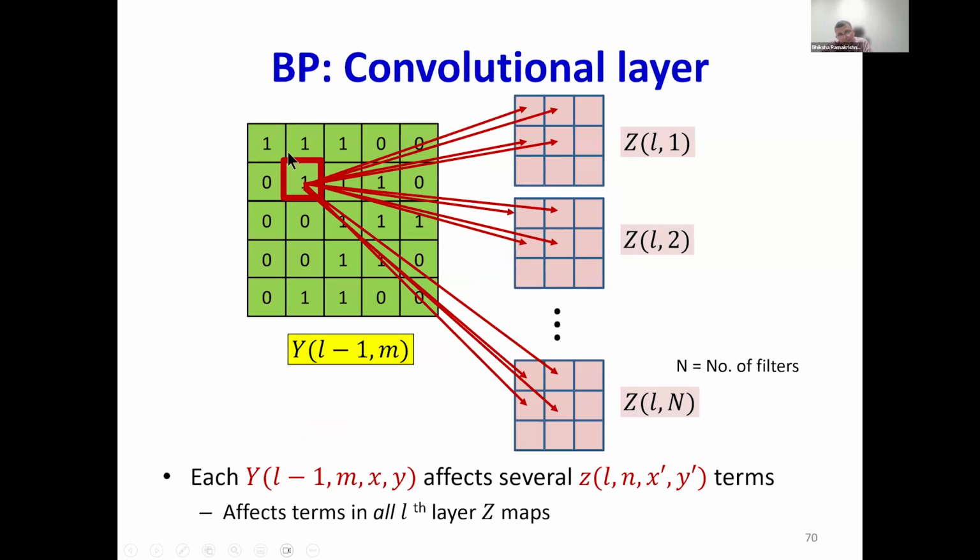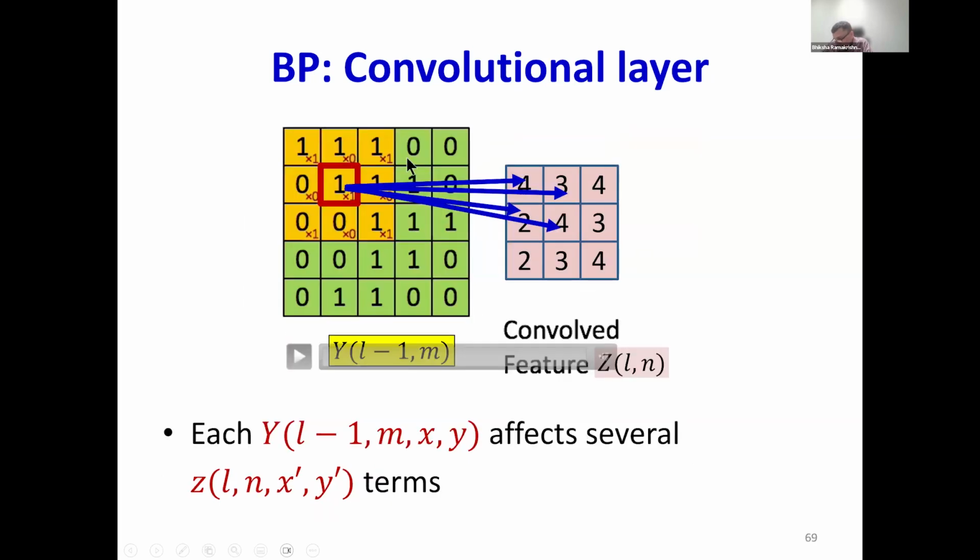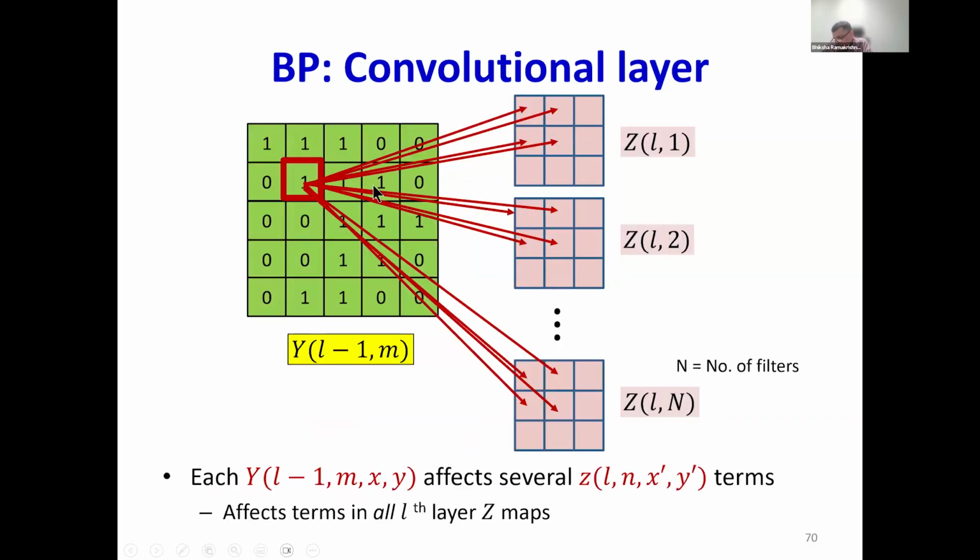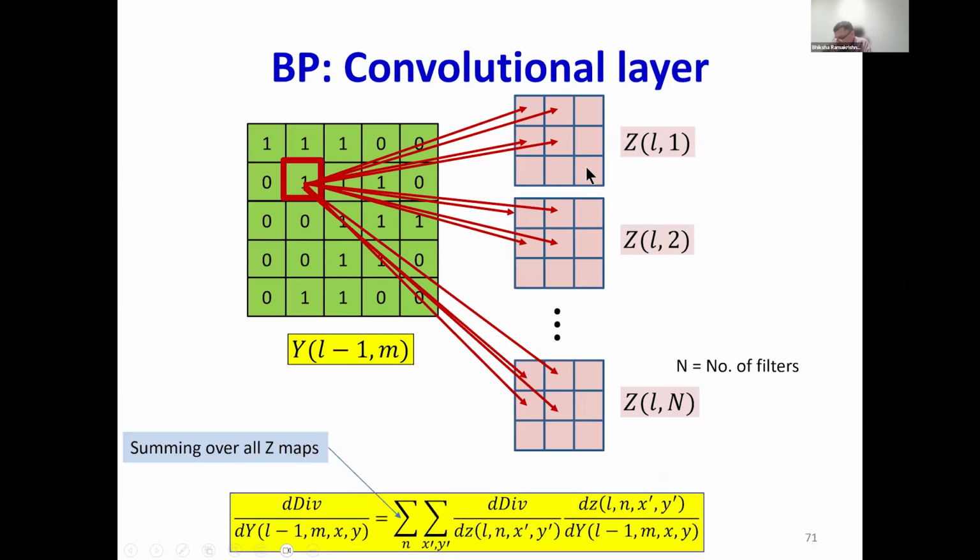Because this input channel is being used to compute every one of the output channels, this element was used effectively in the computation of a whole bunch of elements in every one of the output affine maps.